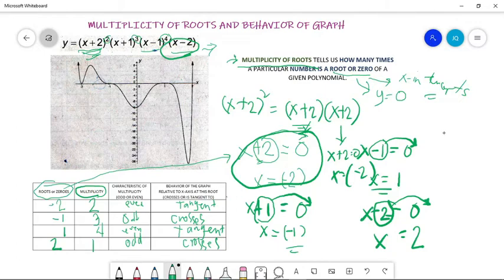It is tangent to the x-axis if the multiplicity is even, and if it is odd, it crosses. So odd, it crosses. And if the multiplicity is even, it just touches the x-axis. Okay, do you have any questions?